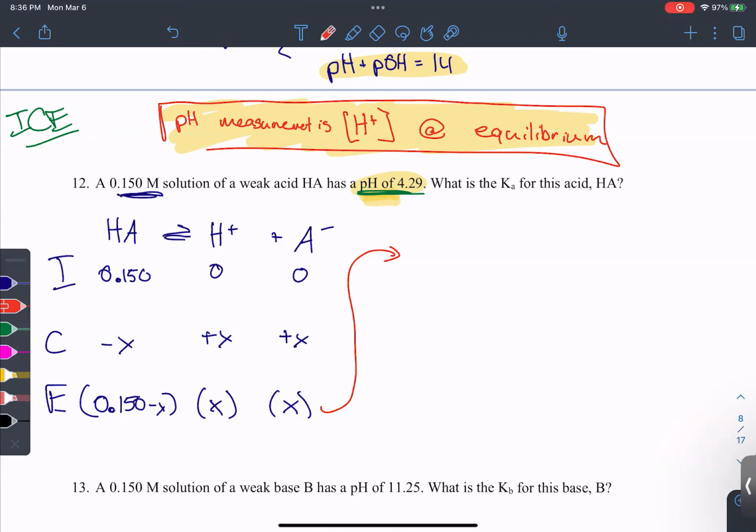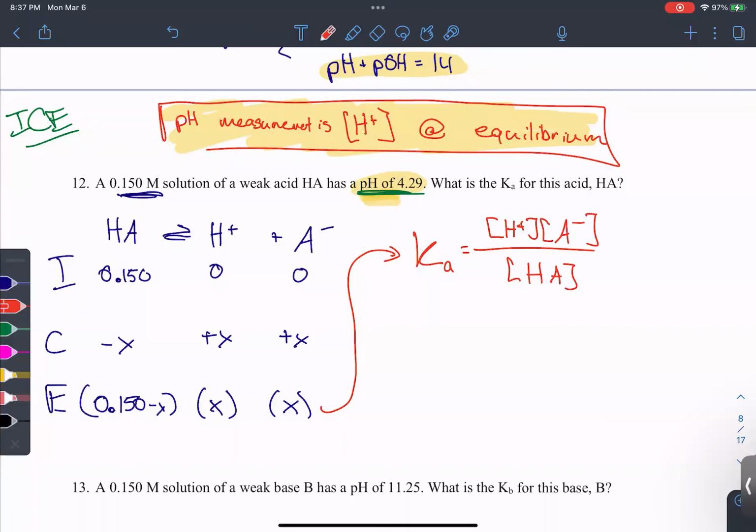So whatever is in your equilibrium line goes into our K expression, okay? In this case, we're calculating Ka. When we formulate Ka, it's always concentration of products over concentration of reactants. So it's H plus times A minus over HA.